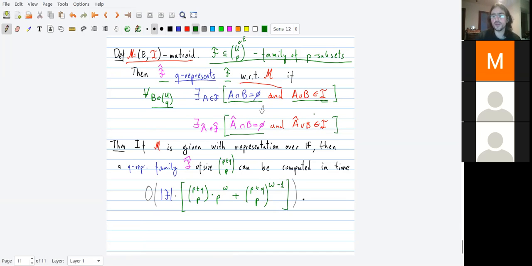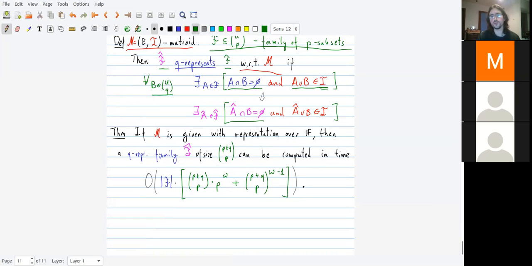And the thing is that if you've got a matroid together with a representation over some field, then all of the properties of representative sets that I told you about work the same way. You can also find a q-representative subfamily, also of size p plus q choose p. So you do not lose anything on the bound from the Bollobás Lemma.